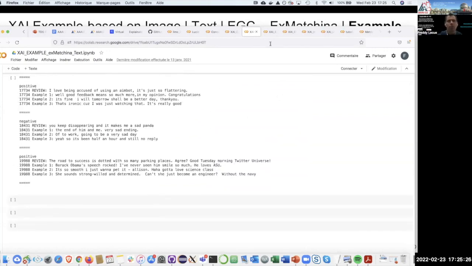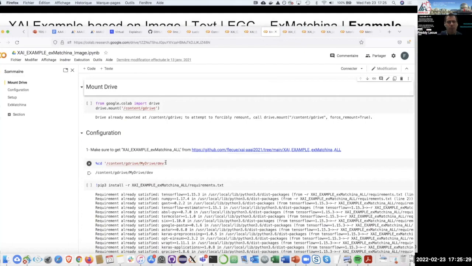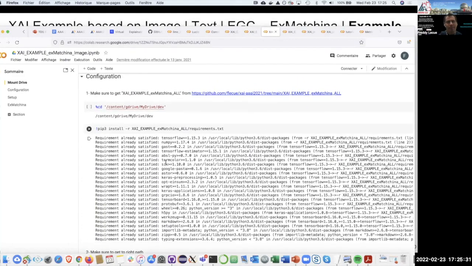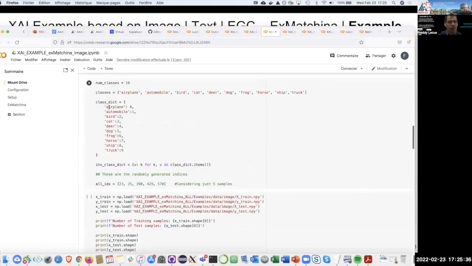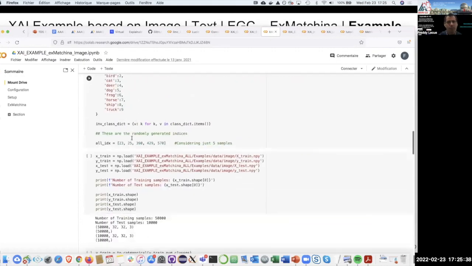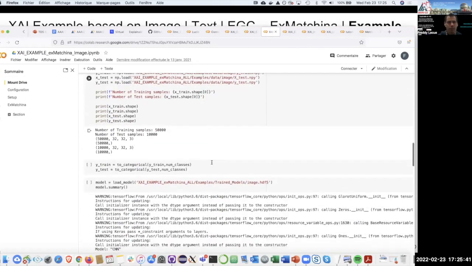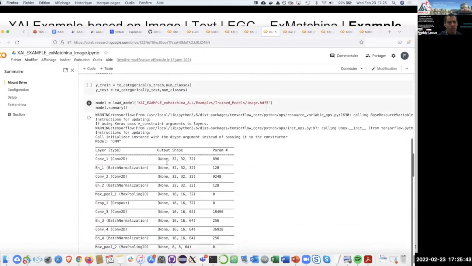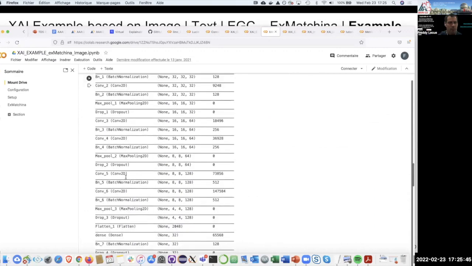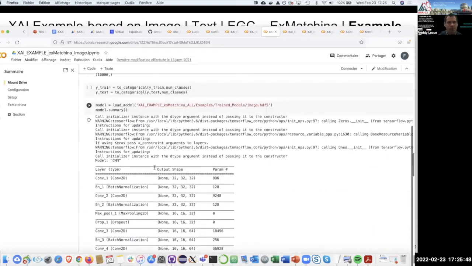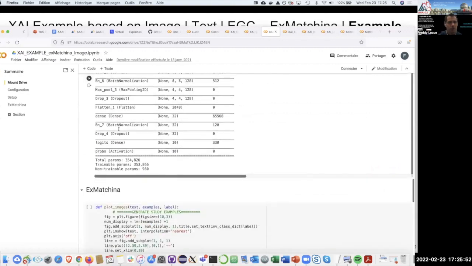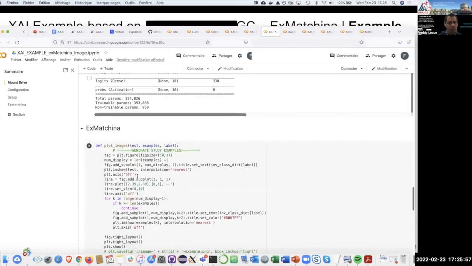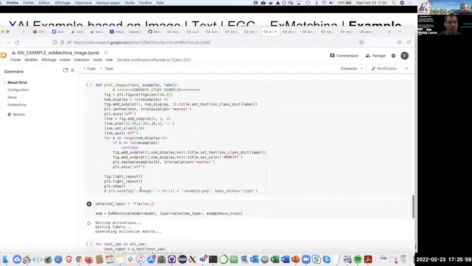So if we still use the same work, but now instead of text, we use images. It's the same setup, but you have only 10 classes. You have different models, obviously, so the architecture is slightly different. It's a bit bigger. It's CNN based, that's a convolution network. And again, you do the selected layer on the flatten one.